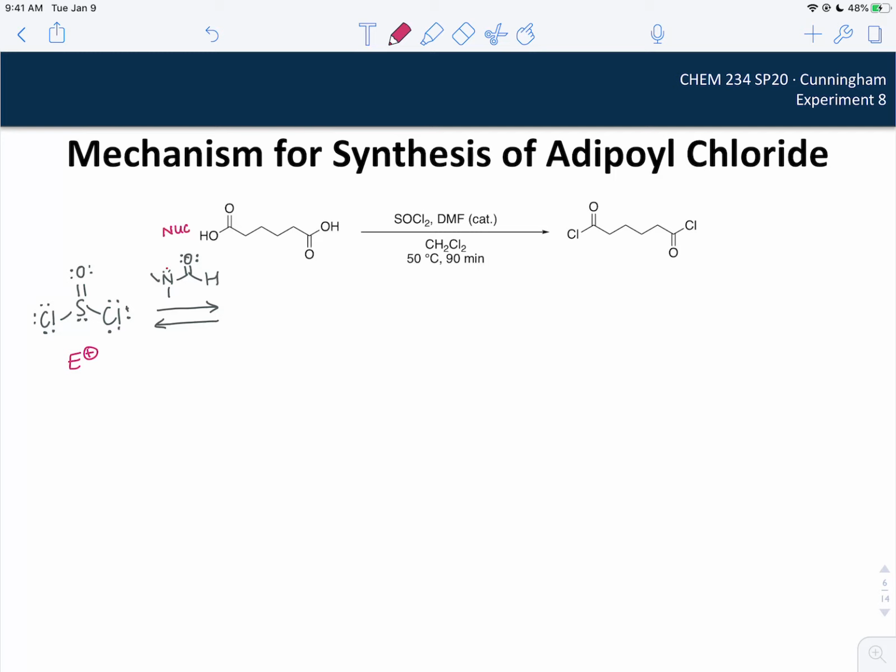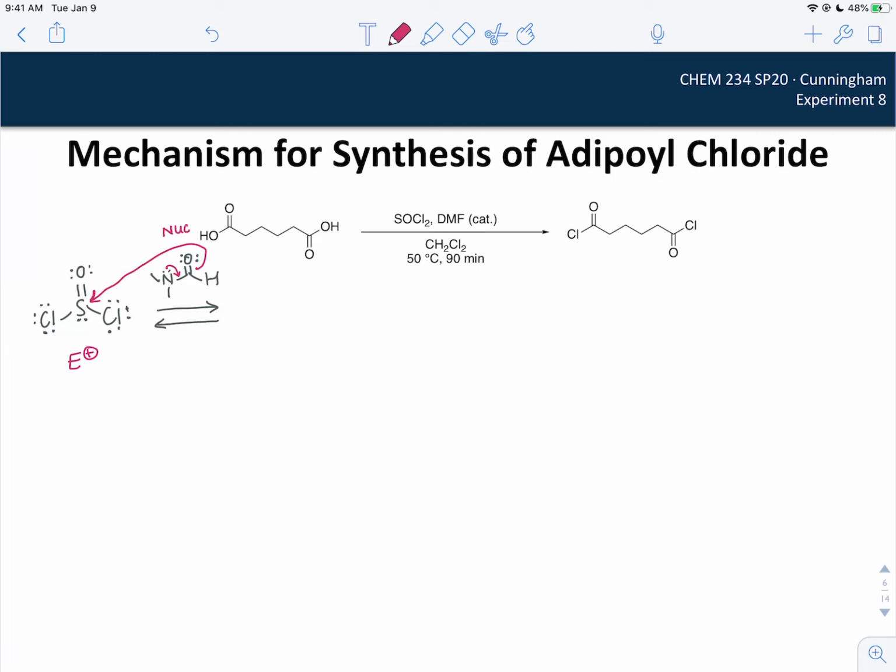And so we can show this mechanism by using the lone pair of electrons on the nitrogen of our DMF to form a nitrogen-carbon double bond. Now when that happens, carbon is violating the octet, so we have to break a bond. The oxygen-carbon double bond is the easiest one for us to break.